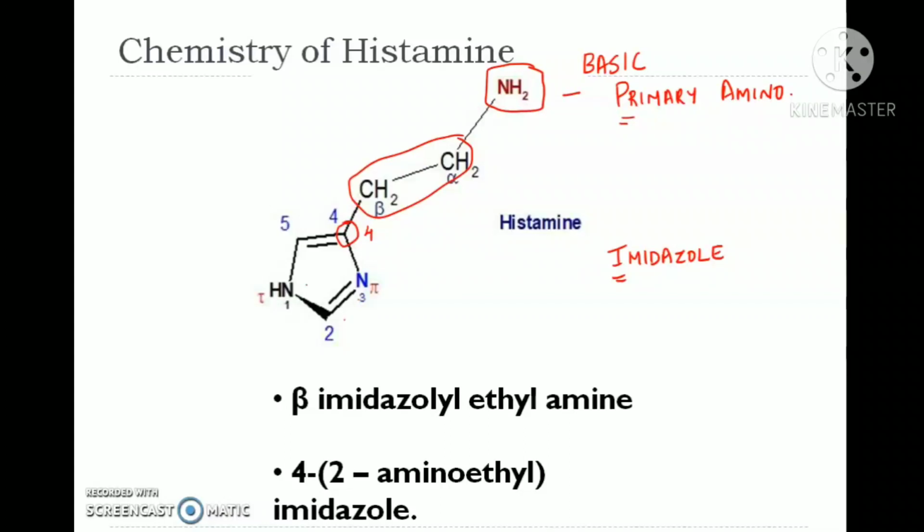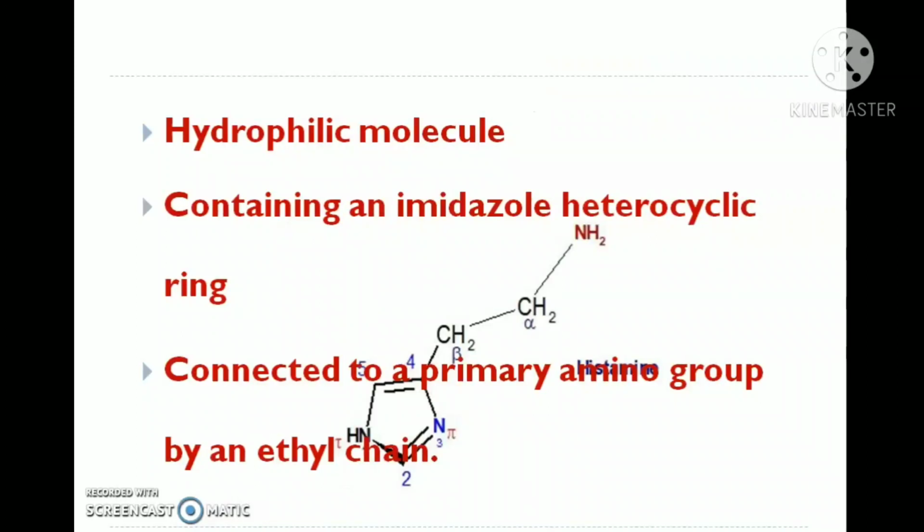So if you are naming the histamine, it is 4-(2-aminoethyl)imidazole, or else you can name it as beta imidazole ethylamine. It is beta imidazole because the carbon atom carrying the amino group is alpha, and so the other carbon atom is beta, so it is beta imidazole ethylamine.